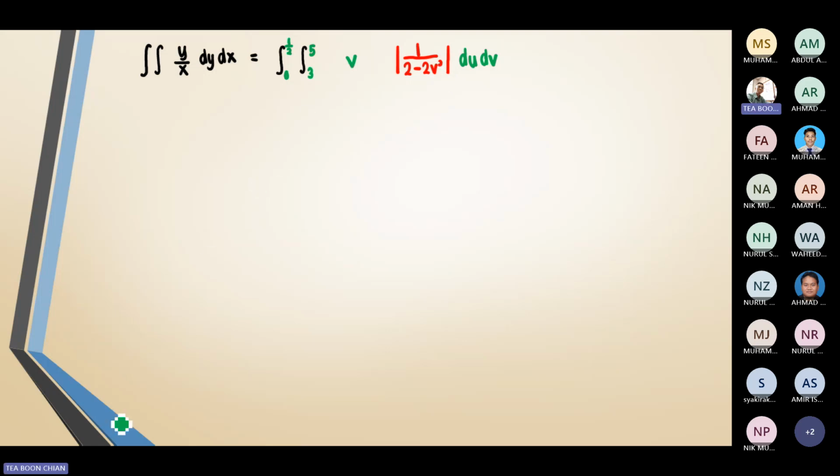Now, in the integration process, it's up to you. Whenever you want to simplify, you want to factor out anything, go ahead. So here, let me begin by factoring out 1 over 2 from the Jacobian. Since this is positive, if you look carefully, I can factor 1 over 2 out, leaving you 1 over 1 minus v squared.